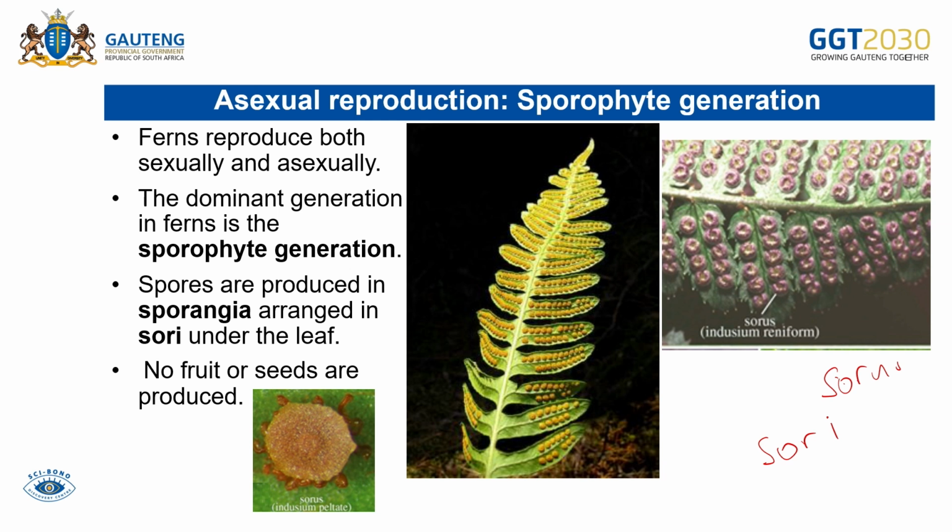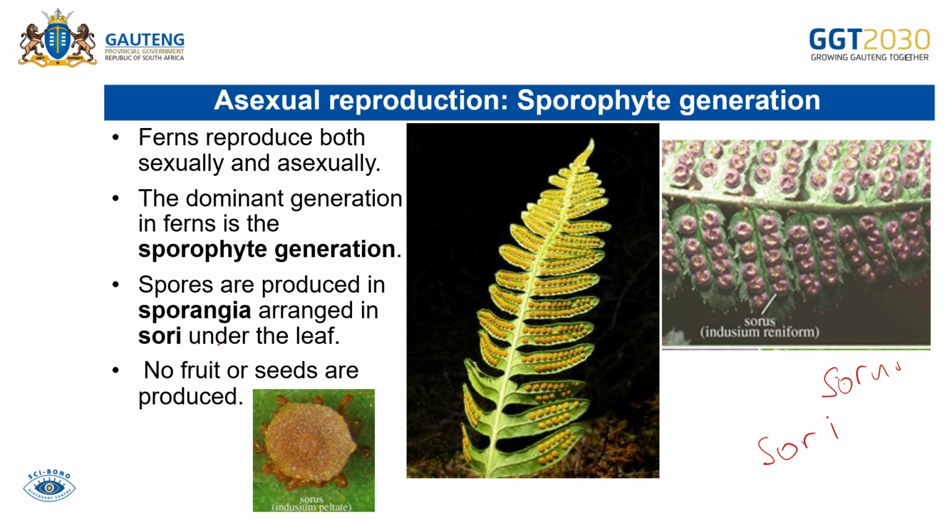And in windy conditions, they will release what? All the spores. So ferns reproduce sexually, sorry, sexually and asexually. Asexually means no gametes are involved. It's only spores that are released, right? This is the dominant generation, the generation that you see. It is called the sporophyte generation.